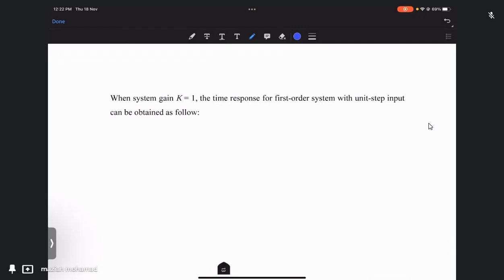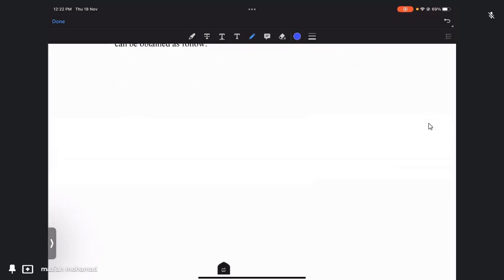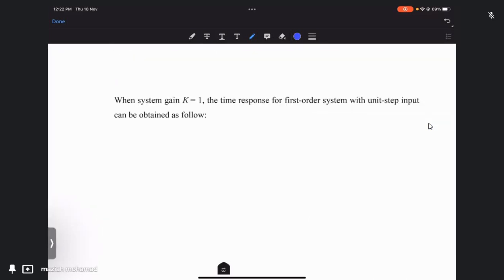Okay, so let's consider this transfer function again. Let's say we have Y over U is equal to K over 1 plus Ts, and K is equal to 1. So let's consider 1 over 1 plus Ts, for K equal to 1.